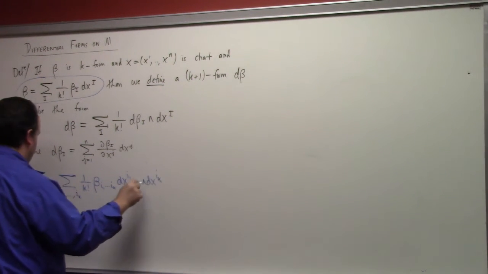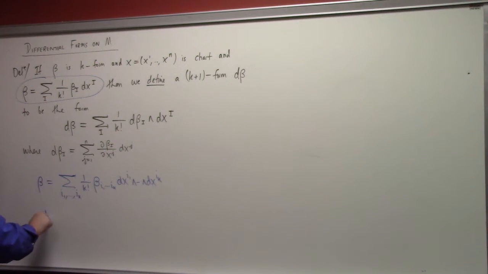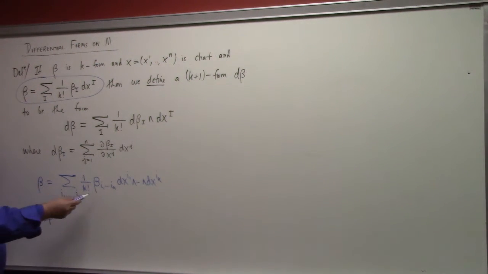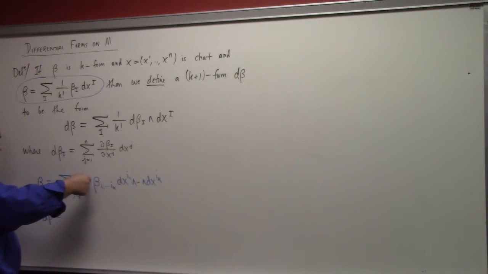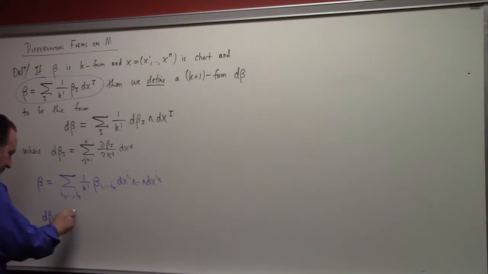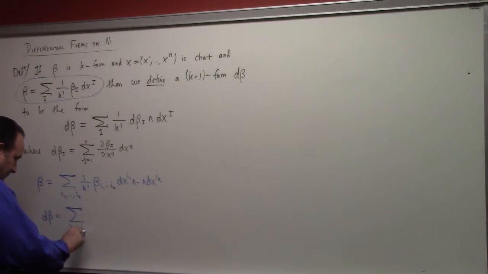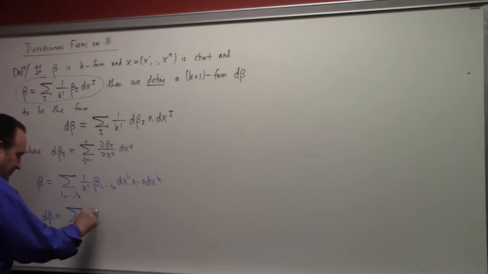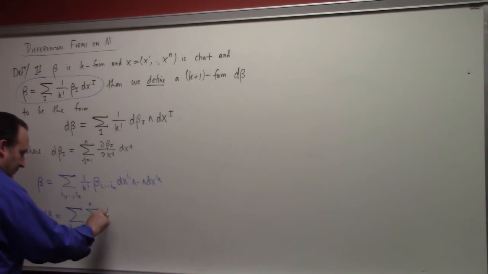Okay, so d beta is equal to, so all d beta really is, you're just literally taking the exterior derivative of that and wedging it. That's all that really goes on. So I can write the formula for it just down here like so. It's the sum over I1 through ik, also the sum j equals 1 to n, see that? 1 over k factorial.